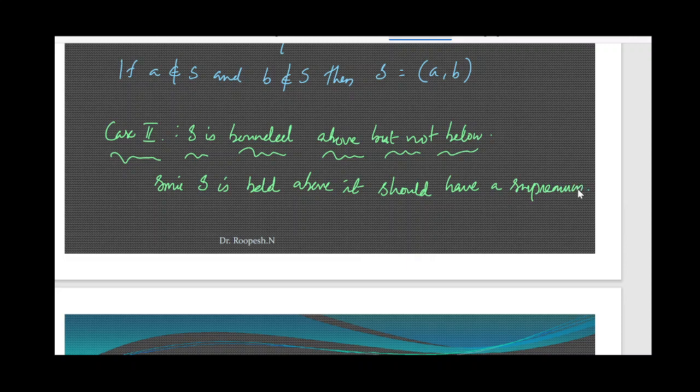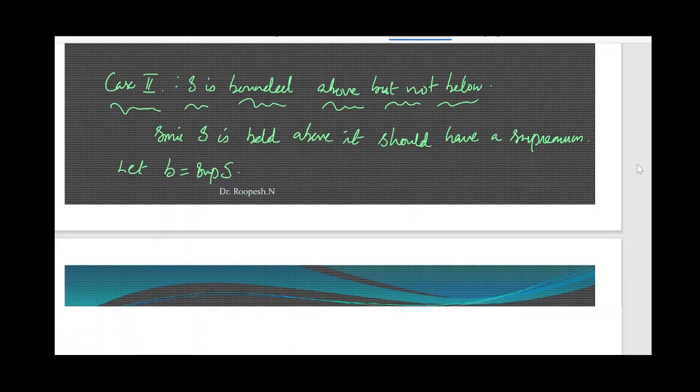So we will assume that; let b equal the supremum of S. Then if x belongs to S, this x value should always be less than or equal to b, which implies x belongs to (minus infinity, b], so we can have a closed end at b here.